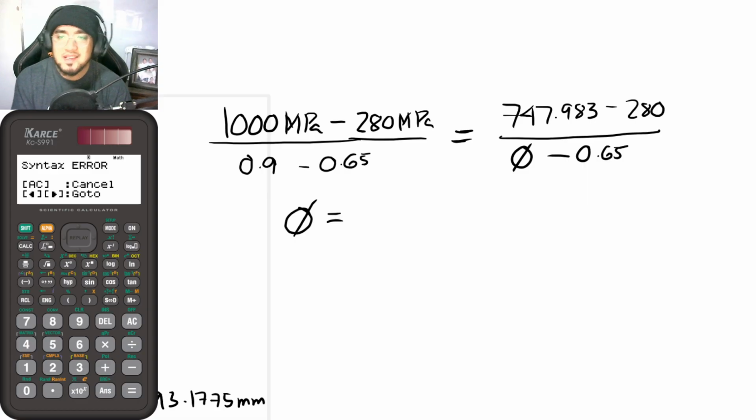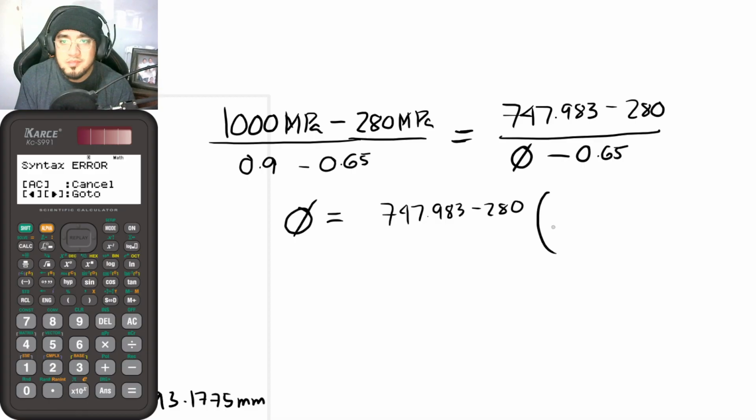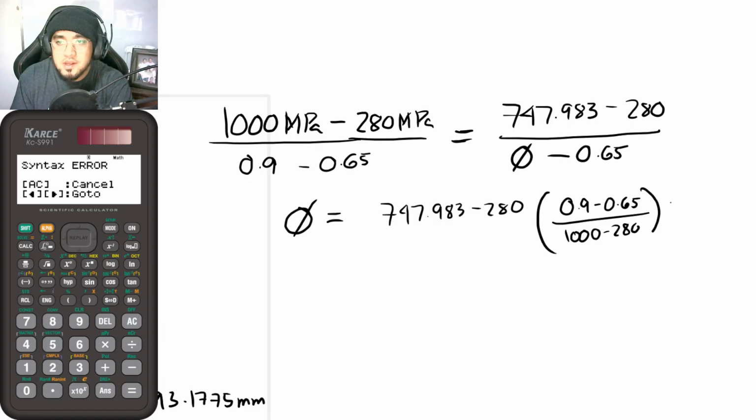So with that, guys, I will just simplify our equation here. This is now equal to 747.983 minus 280, times the ratio. Again, what I did was I cross multiplied this, and from that, this is now 0.9 minus 0.65 divided by 1,000 minus 280, plus 0.65.